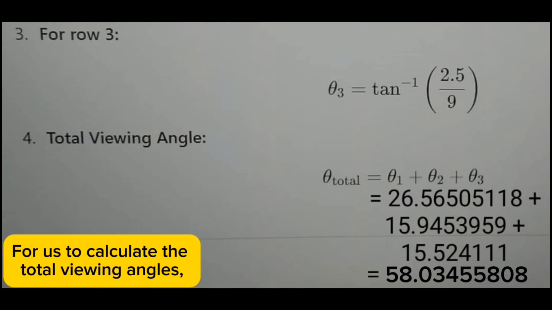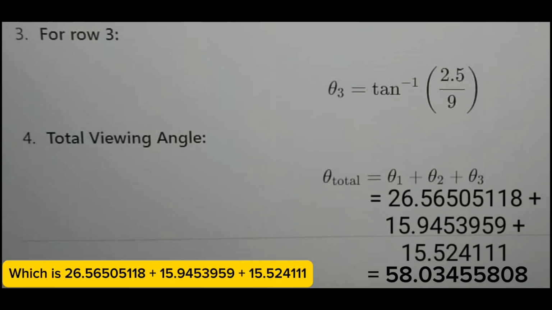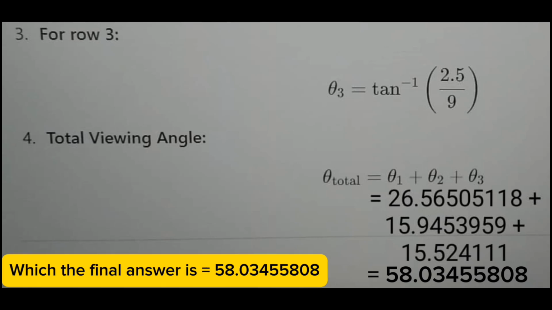To calculate the total viewing angle, we need to add delta 1, delta 2 and delta 3, which is 26.56505118 plus 15.94539959 plus 15.524111, and the final answer is equal to 58.03455808.